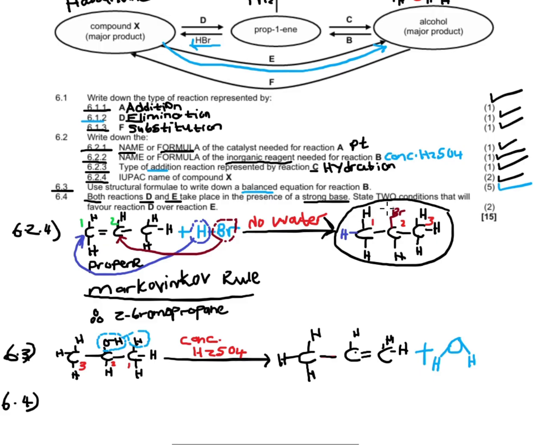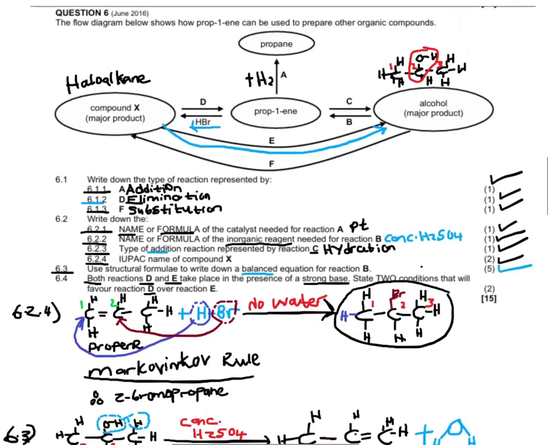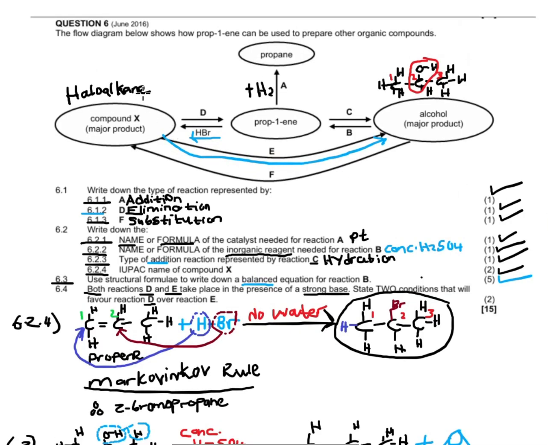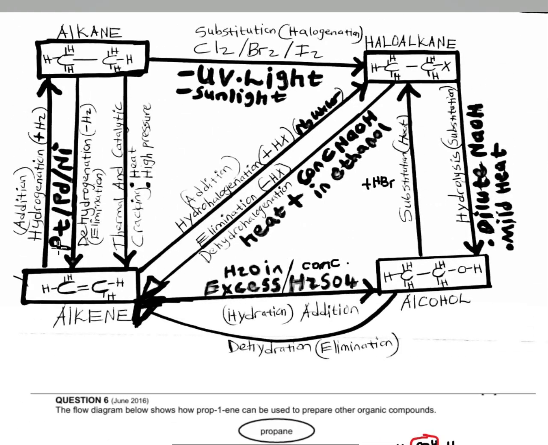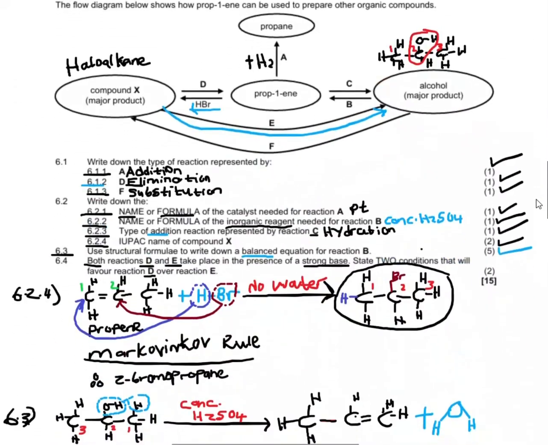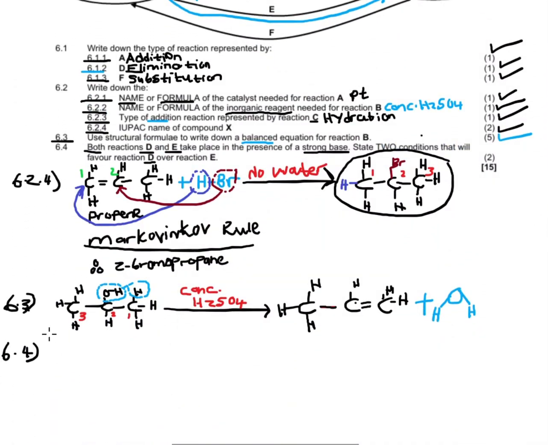State two conditions that will favor reaction D over reaction E. So we're only focusing on reaction D. We want the reaction conditions for reaction D. Reaction D, we said we're moving from a haloalkane to an alkene. We will need what? Heat. High temperature. So it's high temperature or heat. That's what we'll need there.